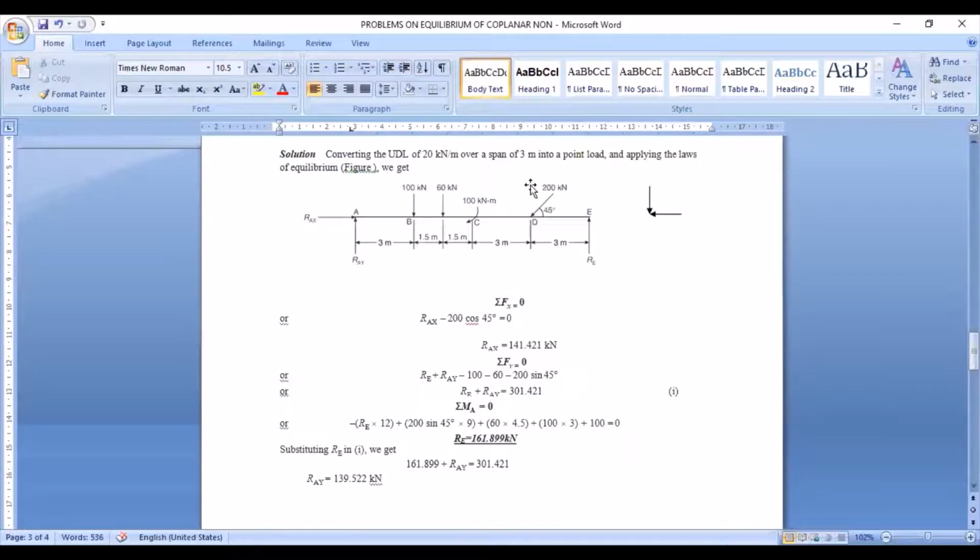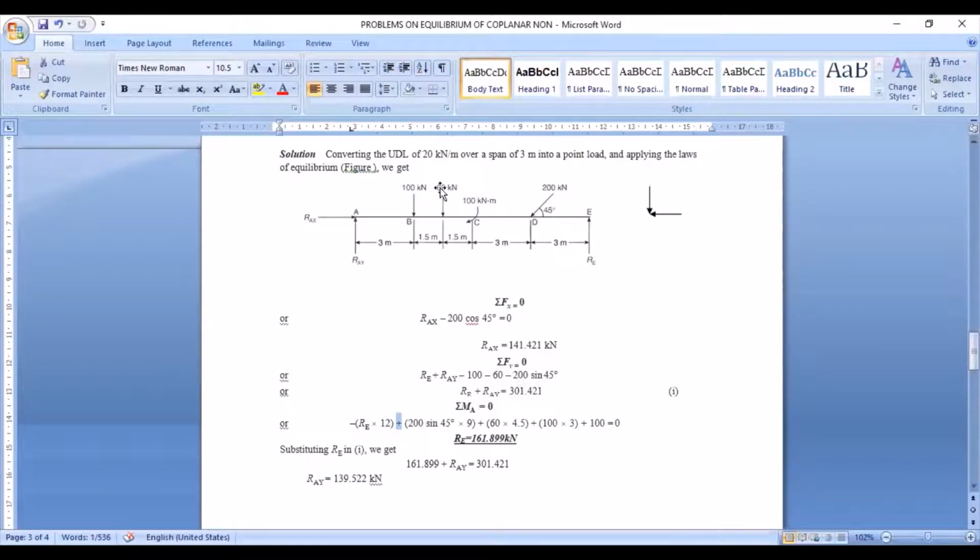This vertical component acting at point D is at a distance of 9 meters from A. So it will be 200 sine 45 into 9. Now again, if you look at the type of moment it is causing, you can see that it is causing a clockwise moment, thereby you are giving the positive sign to it.